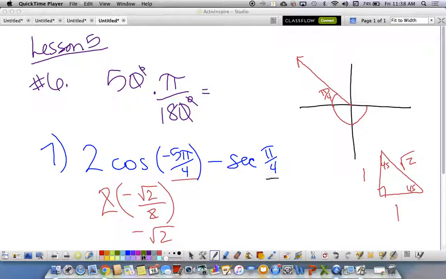Next one is just pi over 4. It's happy. Pi over 4 is in the first quadrant. I don't have to draw another triangle. What is secant, or really what is cosine, of pi over 4?